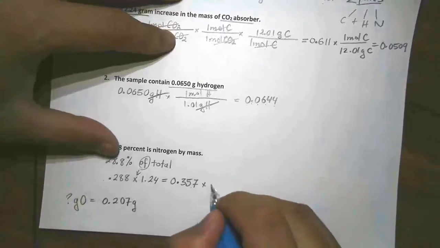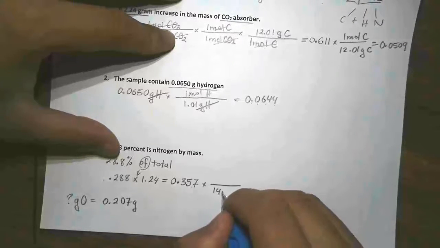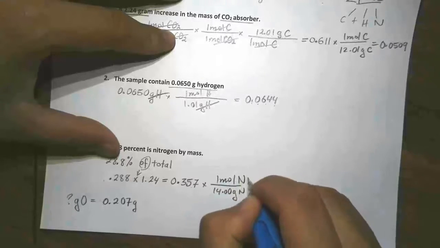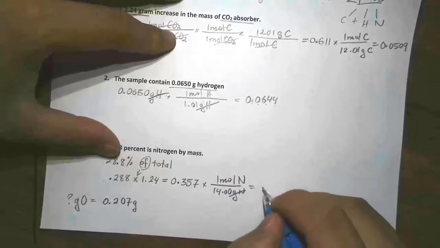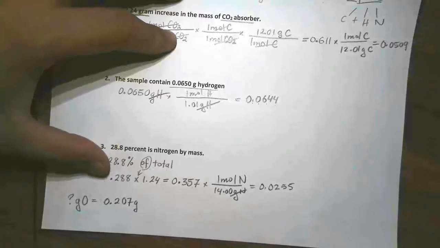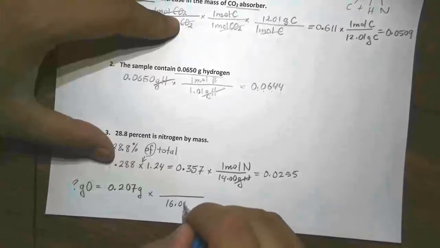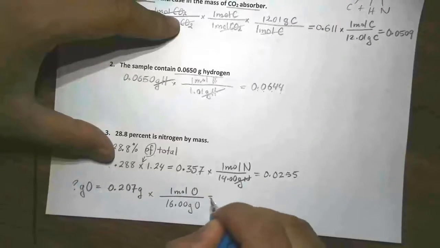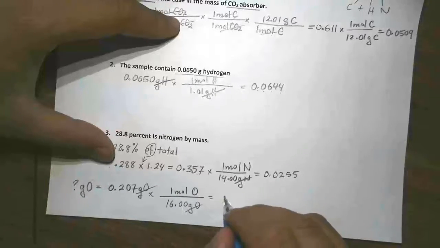Then we do the same thing to nitrogen, times the molar mass conversion factor of nitrogen, which is 14.00 grams of N and 1 mole of N on top, the grams of N cancel out, which is right here. So we have 0.0255 moles of nitrogen. And lastly, for oxygen, 1 mole of oxygen over 16.00 grams of O, and the grams of O cancel out right here.